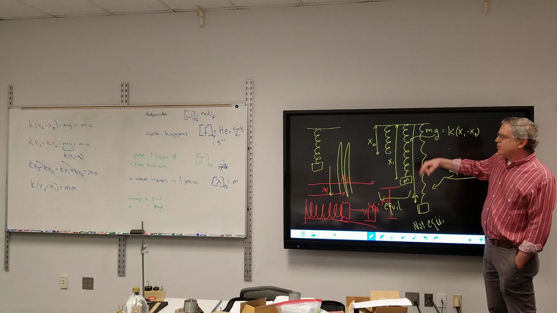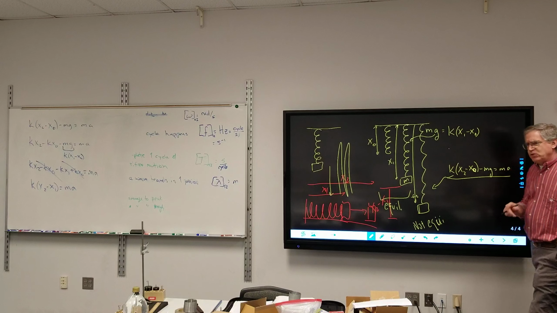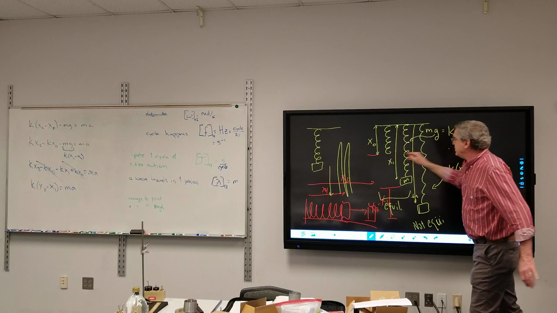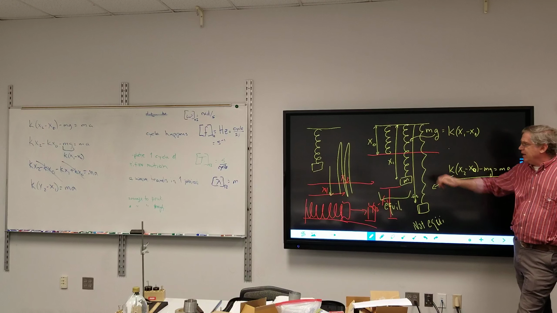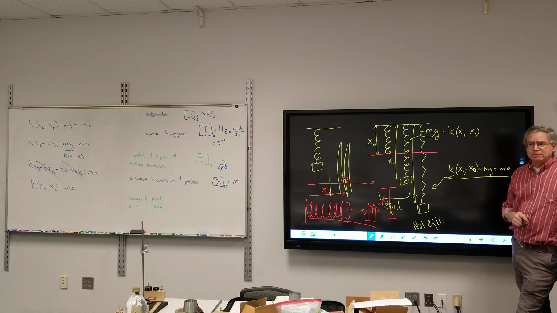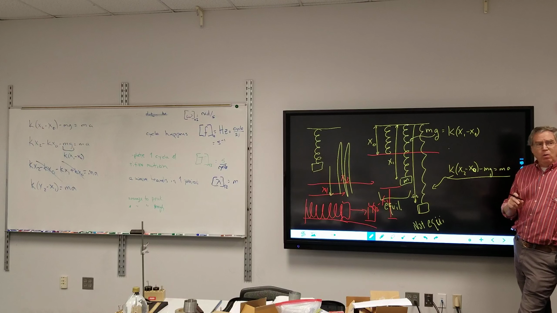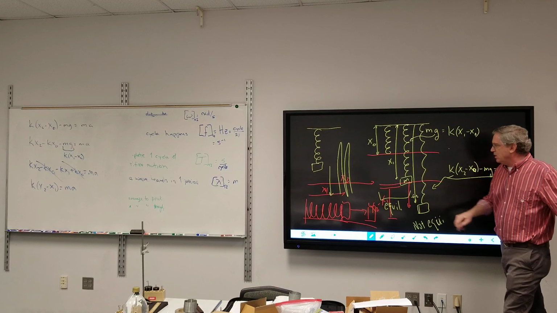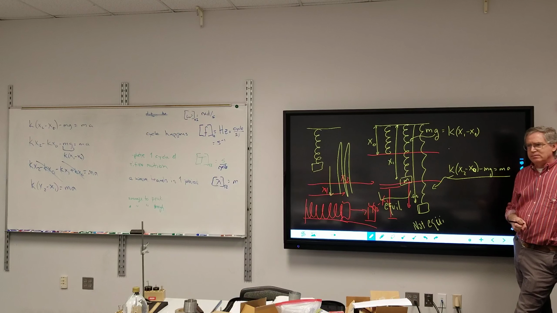So when I'm dealing with vertical spring problems, I have two options. I can take weight into account. If I do, this is the equilibrium position right here, and I have to look at how far it's stretched like that. Or I can ignore weight and treat that as my equilibrium position, and ask how far I stretch it from there.